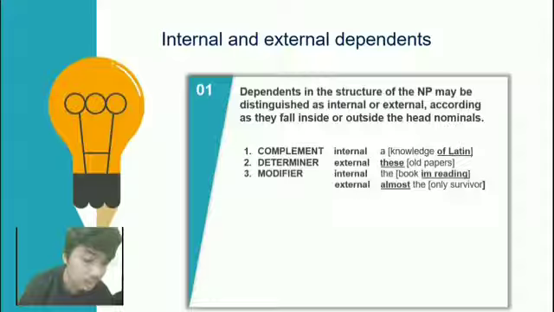Example is this old paper. The determiner is this. And the last thing is modifier. There are two types, internal and external. For internal, you can see the example the book I'm reading. And external is almost the only survivor. You can see the underlined word defines the internal and external.